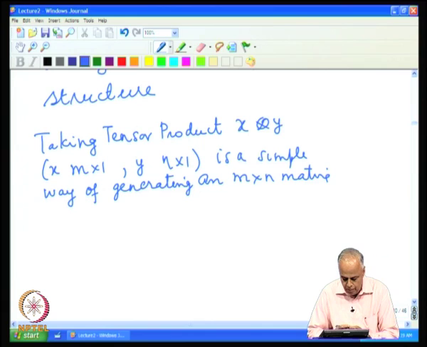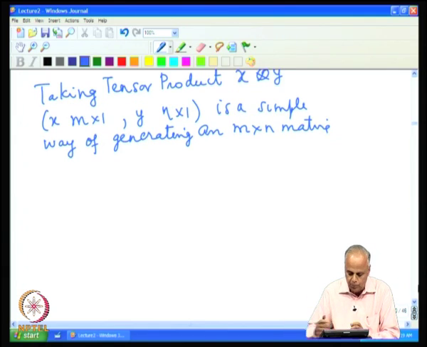And the matrix that we have generated has a very simple structure, as we observed. All the rows are just multiples of the row vector y transpose, or the row matrix y transpose.